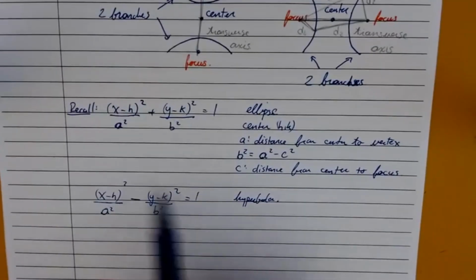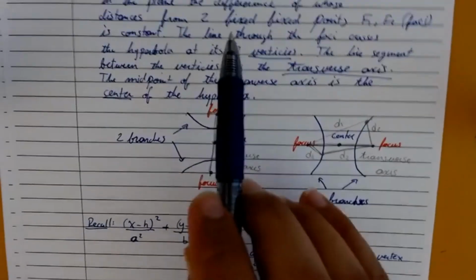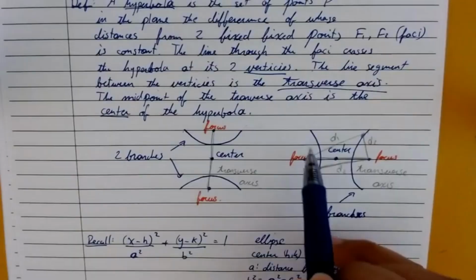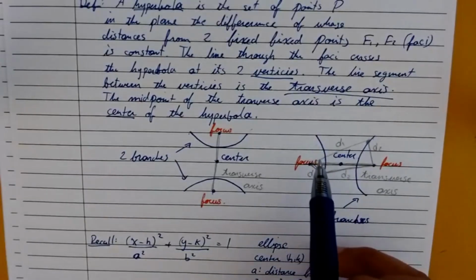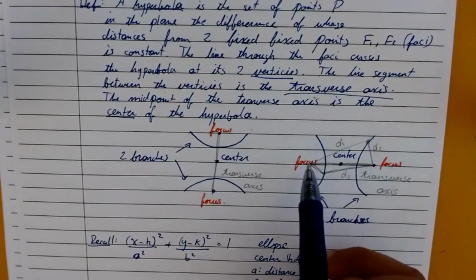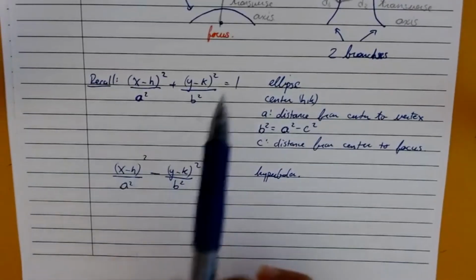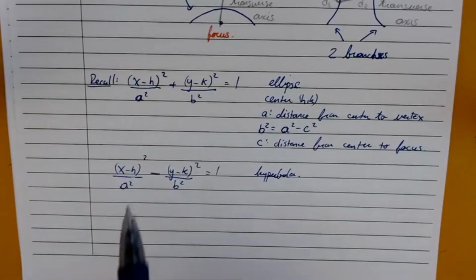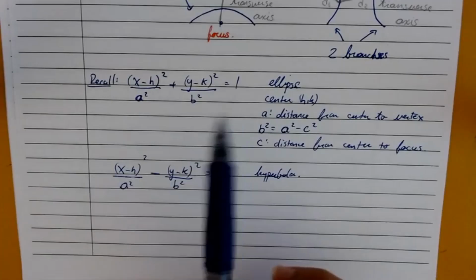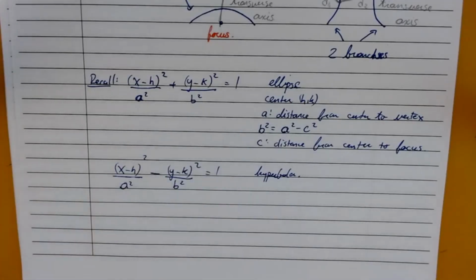The development for this formula will mirror this one exactly in every way, except you're going to want the differences of d1 and d2. So it'll be d1 minus d2 equal to 2a, rather than d1 plus d2. Because it's so similar, I'm not going to go through the full development. After all, you can see our development of the equation of the ellipse and simply change all of the appropriate pluses to minuses, and that would give you this result.